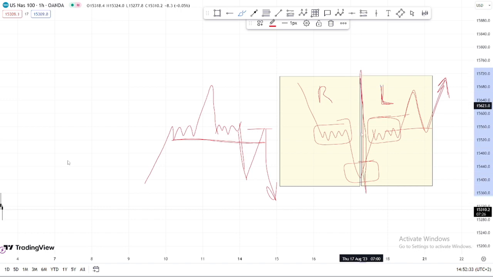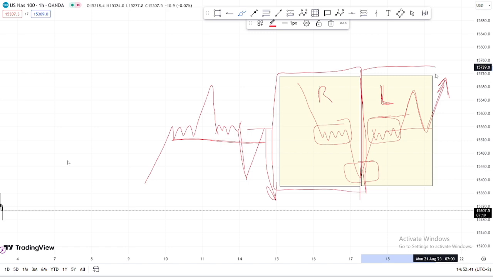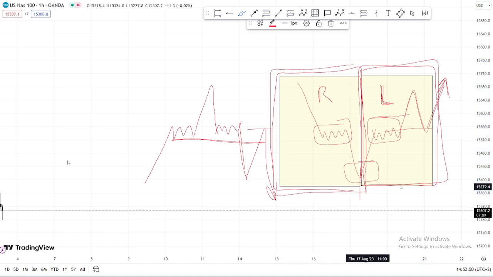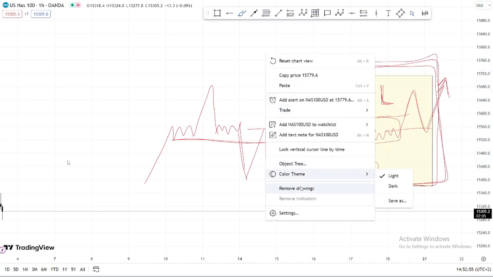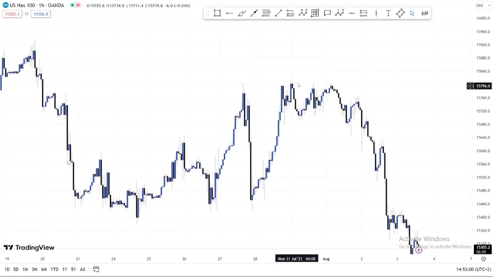If you chop this here, you see that you have a symmetrical area. This is exactly similar or identical to this. Of course, you can't expect the market to be identical, because there are a lot of choppy phases in the market. So let's get back to the chart.